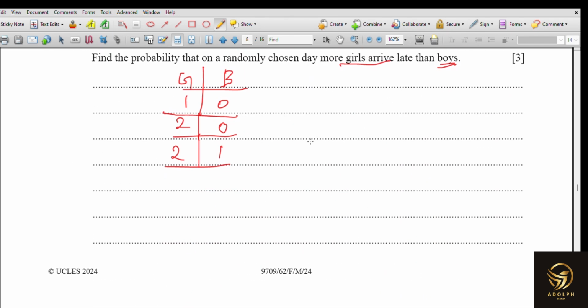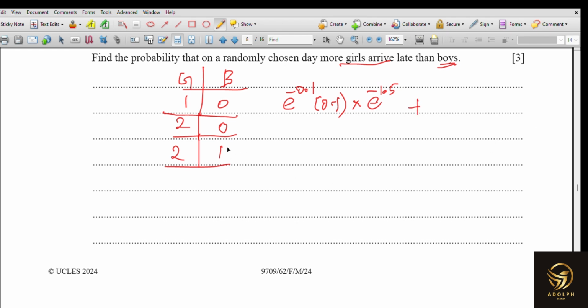Now 1 and 0 means girls 1 day and boys 0 days. So girls 1 day means e power negative 0.1 multiplied by 0.1. This is for 1 day girls. For boys it is e power negative 1.5, that's it, because it is 0. So this is one possibility.